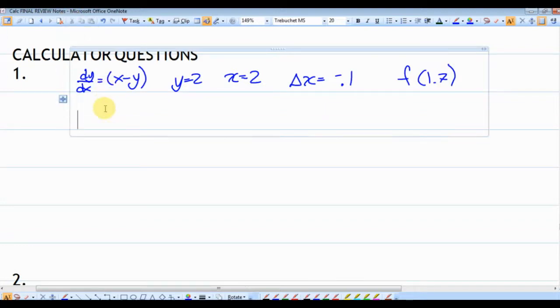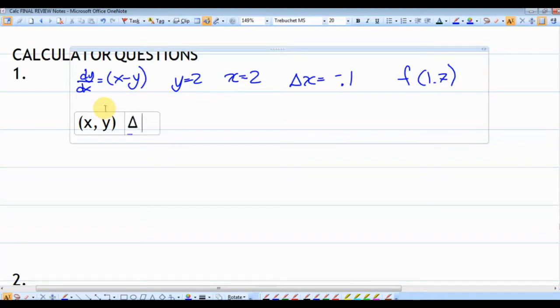Okay, so we're going to start with x and y. And then I think we're going to have delta x. Then we'll have dy dx.